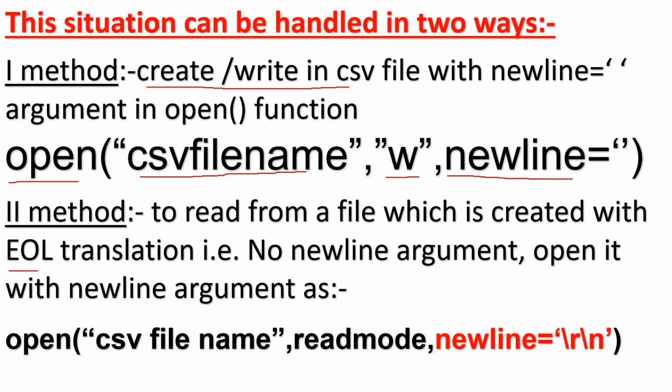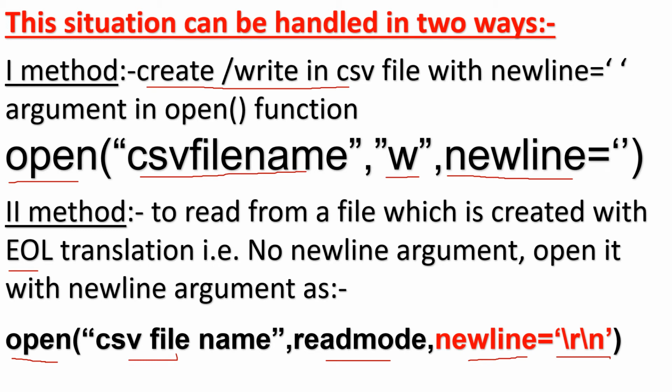End of line translation means no newline argument while writing, and opening it with the newline argument as \r\n. So you can also write the open function as open with the file name and the read mode, and the newline argument can be used with this set of values, that is \r and \n.